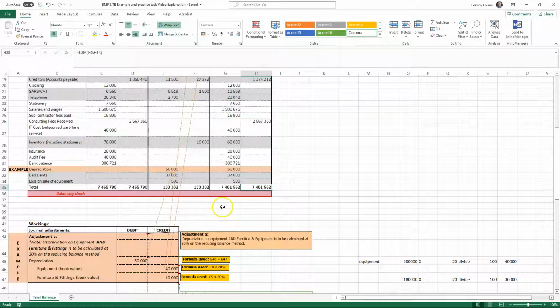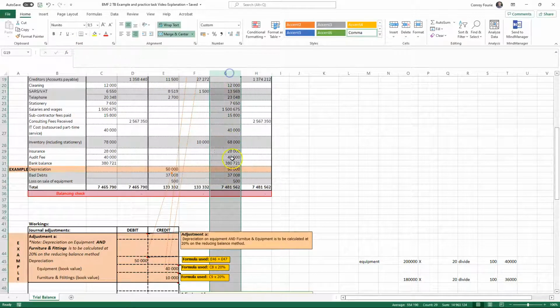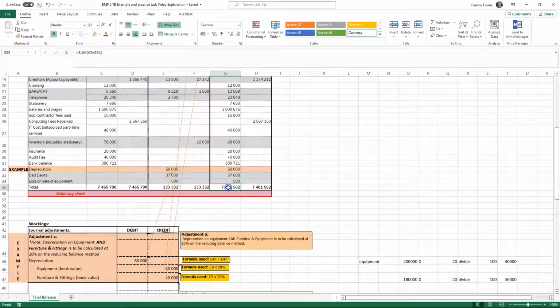The accounting equation, assets equals liabilities plus equity. So your balancing check is this here. There's a formula in there which says G35 and H35.